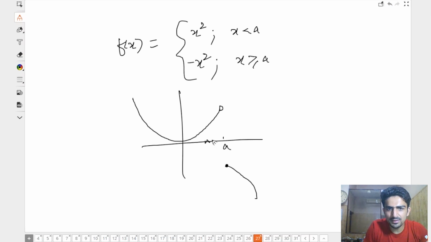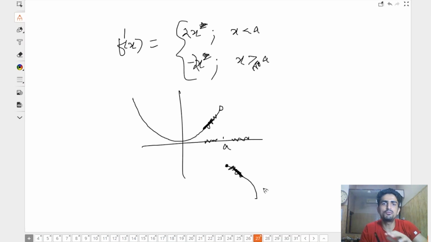We say when x is here, then the derivative will be coming from here, and when x is here, then the derivative will come from here. So we just find the derivative to the left of a and to the right of a. We do not find the derivative at a directly because we do not know that. If we would have known that, why would we be taking so many things into the picture? We just find the derivative to the right and left of a, and from there we analyze.